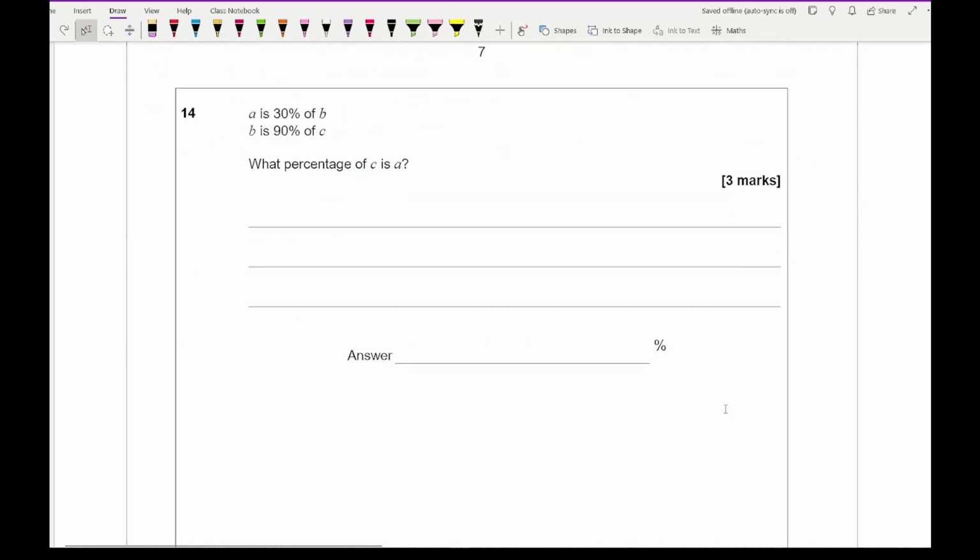Then moving on to our last question, it says that A is 30% of B, B is 90% of C. What percentage of C is A? Looking at the first statement, A equals 0.3 of B. Then the second statement gives B equals 0.9 C. In both equations, I want to get the same amount of B's. If I multiply the first by 10, I get 10A equals 3B.